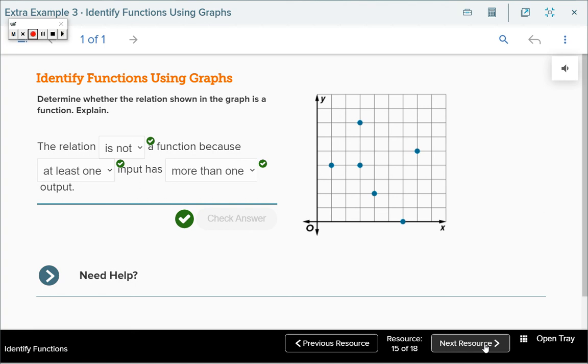If I drag this right here, it doesn't matter. Eventually it's going to cross more than one spot. So is that a function? No. Does that make sense? Pretty easy stuff.